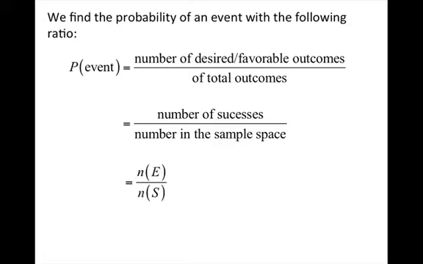And if we put this in symbols, we say it's the number in our event, E, divided by the number in our sample space, S. Well, consider this fraction. An event is just part of the sample space. So the top number will never be larger than the bottom number of that fraction.